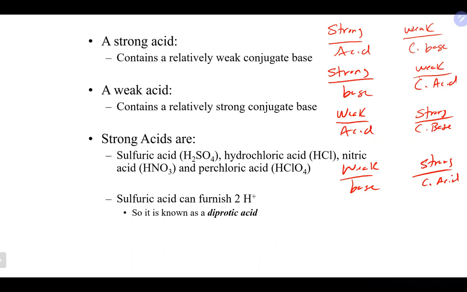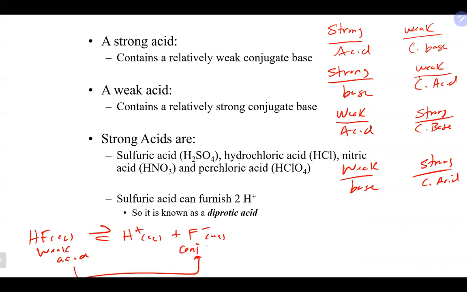For example, if we take HF, which is a weak acid, when it breaks apart in solution, it will make H plus and F minus. The F minus here is its conjugate base. Because this is a weak acid, this conjugate base will be relatively strong. Is it stronger than a strong base?